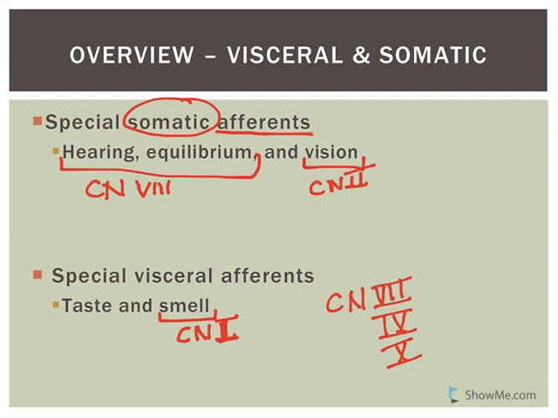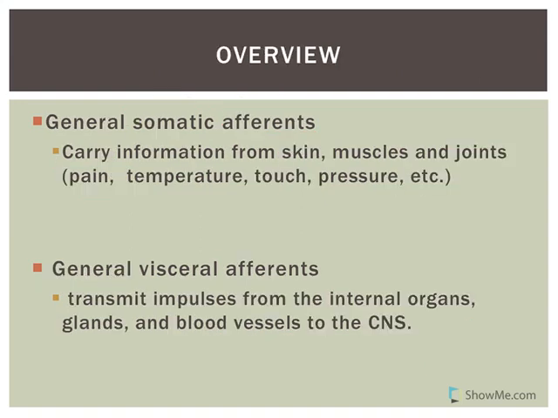Now, instead of talking about special afferents, we can discuss general afferents, and again, we can divide them into somatic and visceral. I mentioned before, the somatic senses, where information is coming from your joints and your muscles and your skin. So various information in regards to temperature and pain and touch.